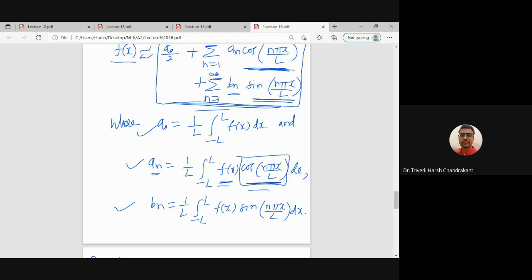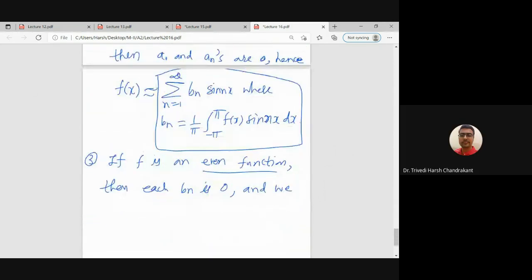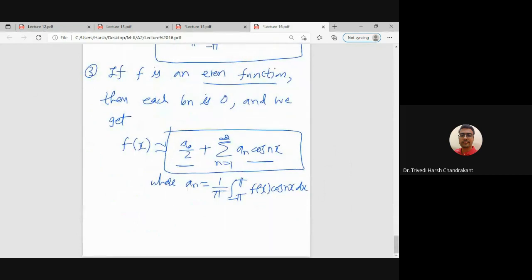So odd into even is an odd function as a multiplication of these two functions. And whenever we have an odd function and we integrate from minus L to L, we get the value of the integral to be 0. Right, so this follows directly from the properties of integration of odd and even functions.